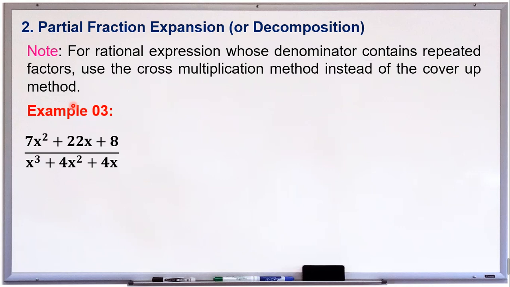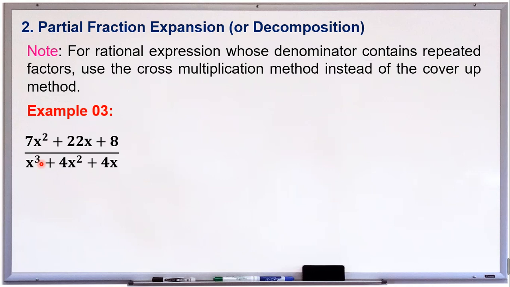Okay, so for our third example, by inspection, the degree of the numerator is already lesser than the degree of the expression in the denominator. So therefore, we're going to skip the first method, that is performing long division. So we will proceed directly to the second method, that is we're going to factor out completely the denominator.